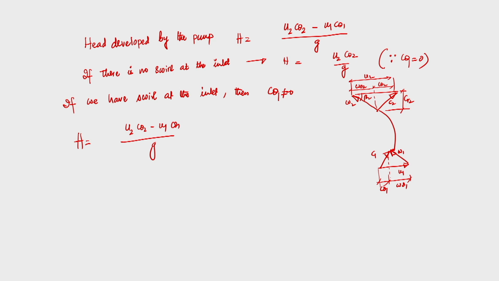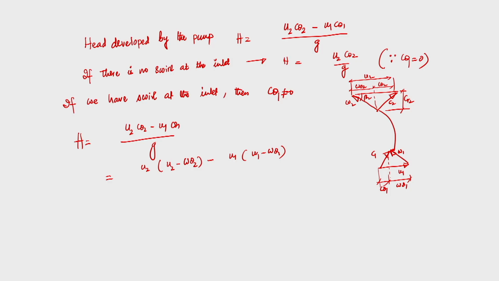Now, C theta 2 I can write in a bit different form, that is U2 into (U2 minus W theta 2) minus U1 into (U1 minus W theta 1). That is, from the inlet and outlet velocity triangles I can express C theta 2 and C theta 1 in terms of the tangential or blade velocity and the component of the relative velocity in the tangential direction.